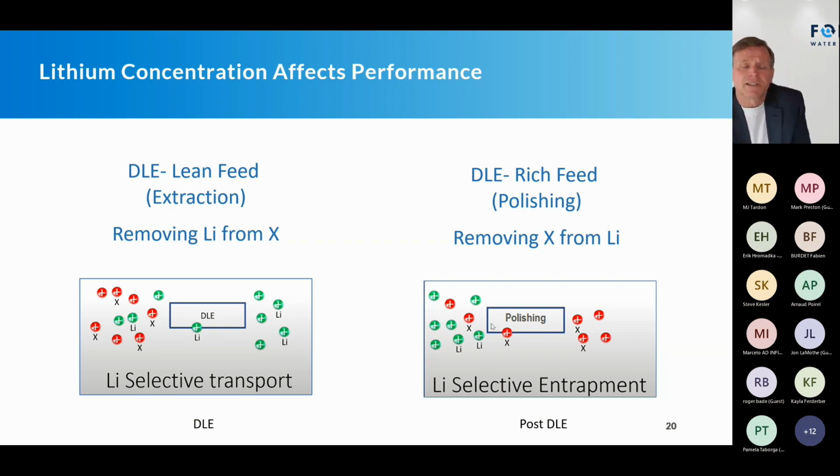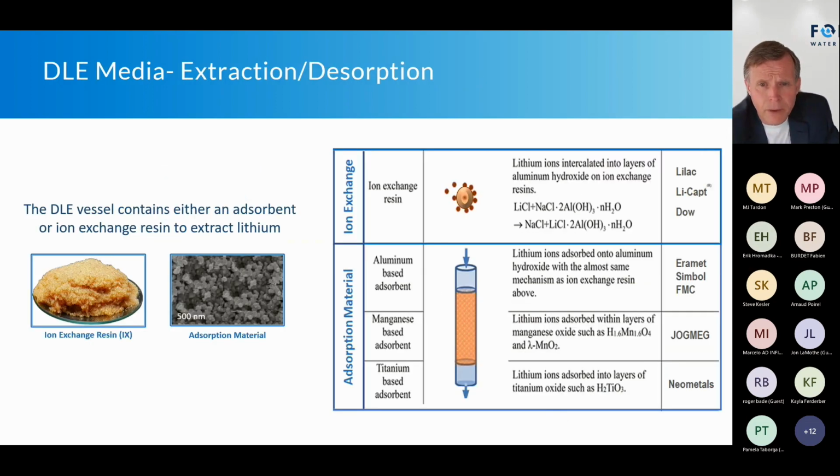So on the two, as I said, you have absorption and ion exchange. One is that the lithium will be absorbed into the material and one will be adsorbed onto the material.